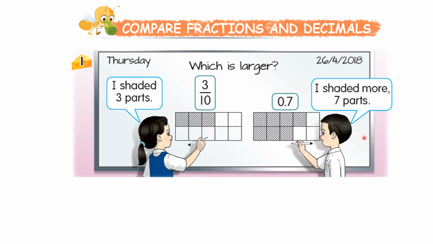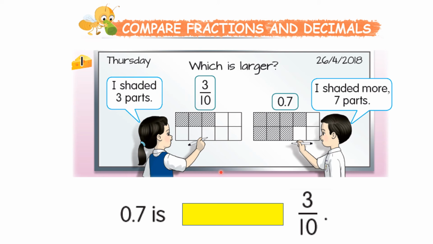And the boy says, I shaded more, 7 parts, 1, 2, 3, 4, 5, 6, 7, and it is written in decimals, 0.7. Class, based on what they shaded here, which is larger? We can say that 0.7 is larger than 3/10.